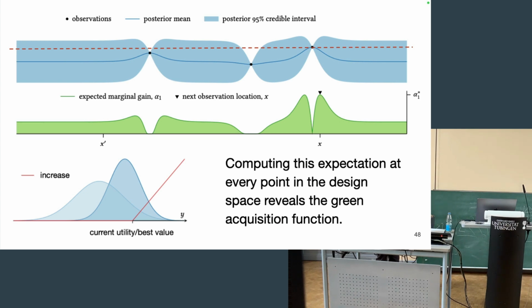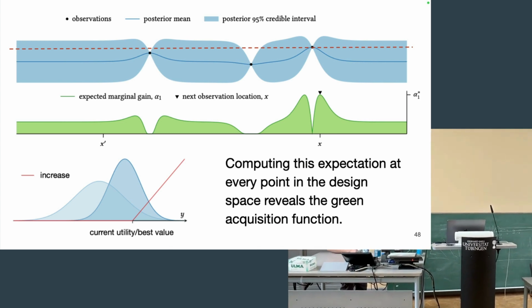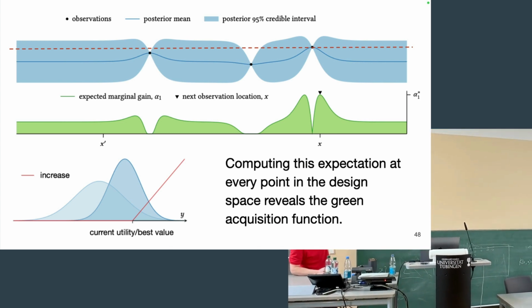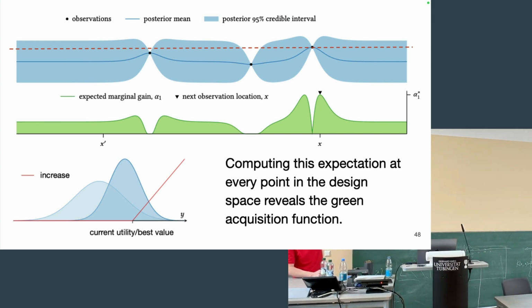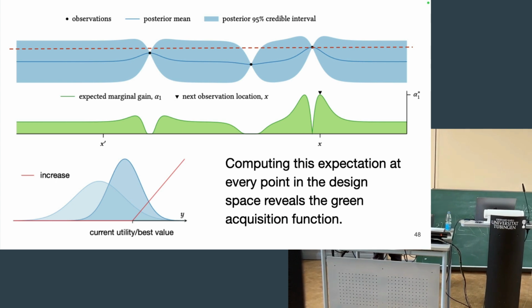And that's reflected by the fact that the green curve is higher at x than it is at x prime. And in fact, the way this green curve is computed at any point, this is the third time we're seeing this function now, is by taking an expectation of this piecewise linear improvement in utility with respect to the Gaussian distribution associated with each of those points.